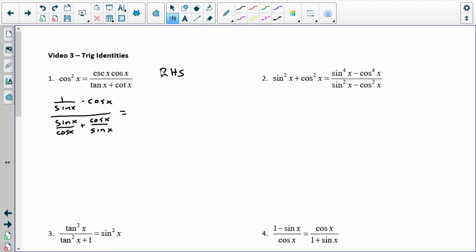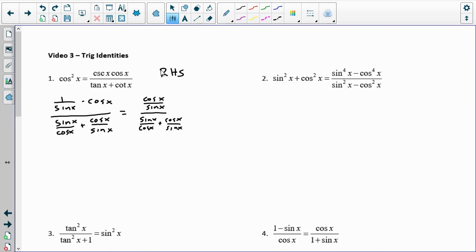And now let's simplify the numerator to be cosine x over sine x. And then after that, probably what I want to do is get a common denominator of the denominators.